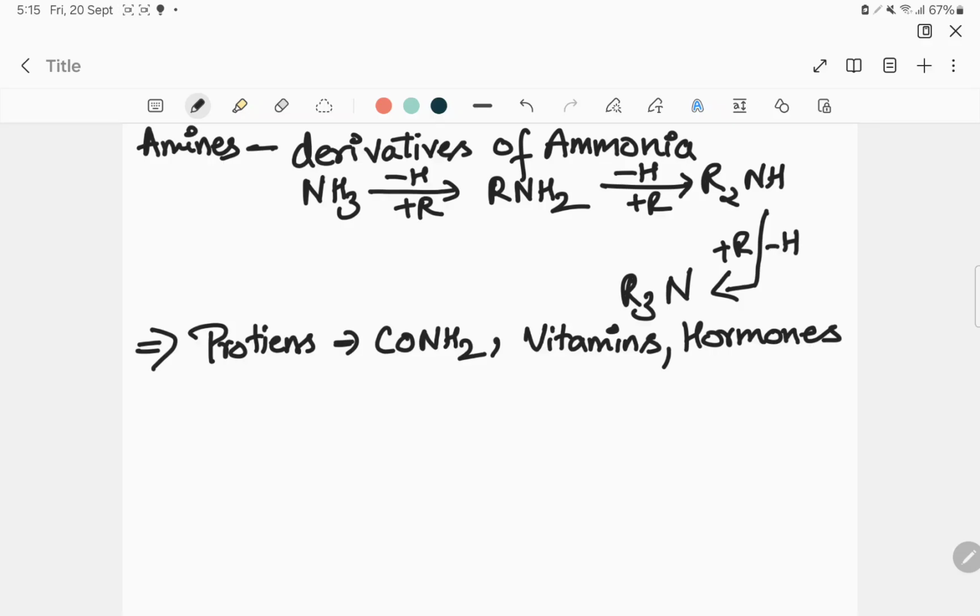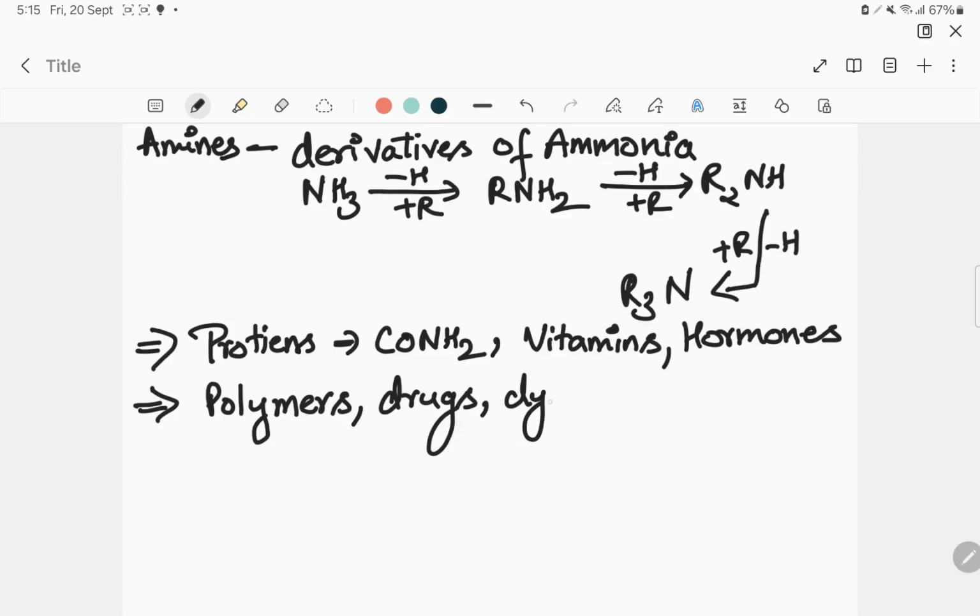Nitrogen is therefore an important component for the human body, and there are many synthetic examples: polymers, drugs, and dyestuffs.